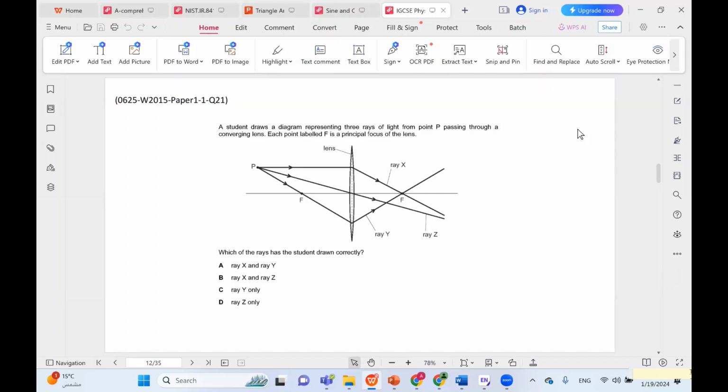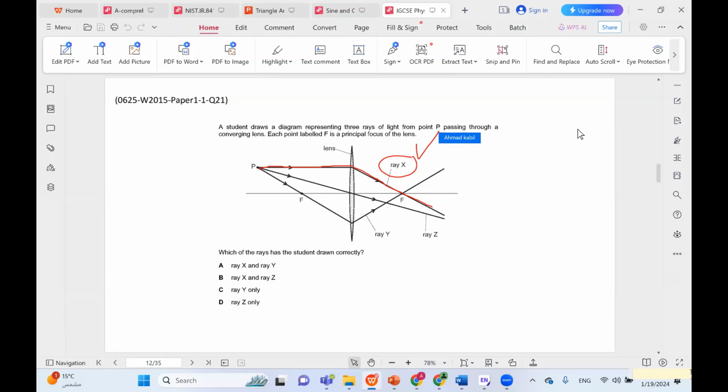The student draws a diagram representing three rays of light from point P passing through a converging lens. Each point labeled F is a principal focus of the lens. Which of the rays has the student drawn correctly? Like we said, we have three rays, one parallel ray that emerges passing through the focus. So ray X is correct.